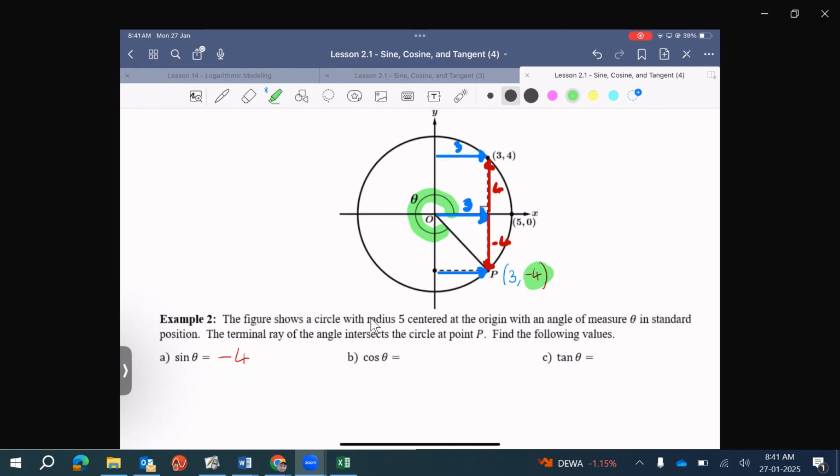Now, one thing to remember when problem solving, which is really important to help you catch mistakes, is that a sine value is always going to be between -1 and 1. Now, is -4 of greater magnitude than that? So what has he got wrong?